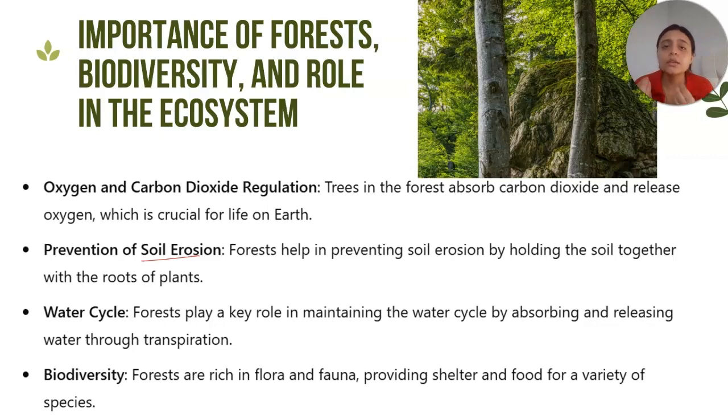And we all know that the topmost layer of soil is very fertile for vegetation. So trees help in reducing soil erosion by supporting the soil, because the roots of the trees are anchoring the soil. The tree holds the soil tightly so that it does not slip off.